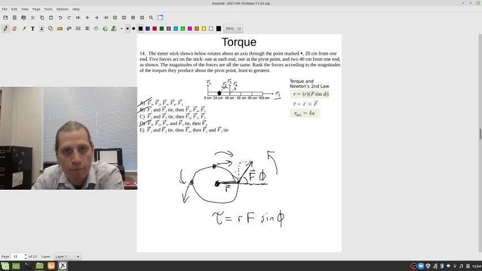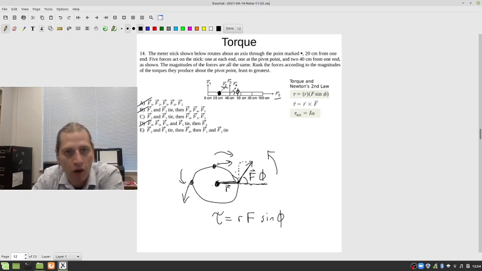Then F4, yeah, because that's not at a 90-degree angle. The biggest torque comes when that phi is equal to 90 degrees. Okay, then F4, yes.